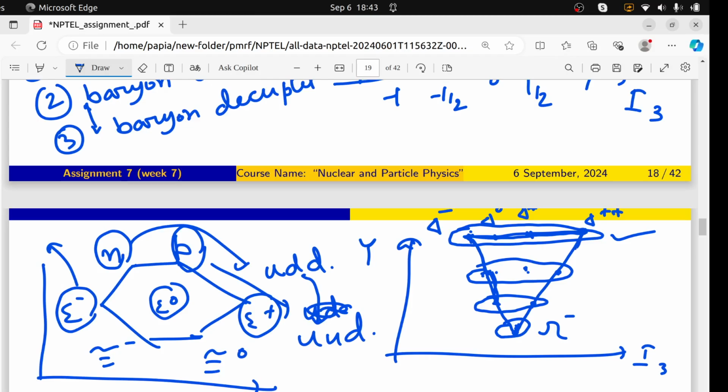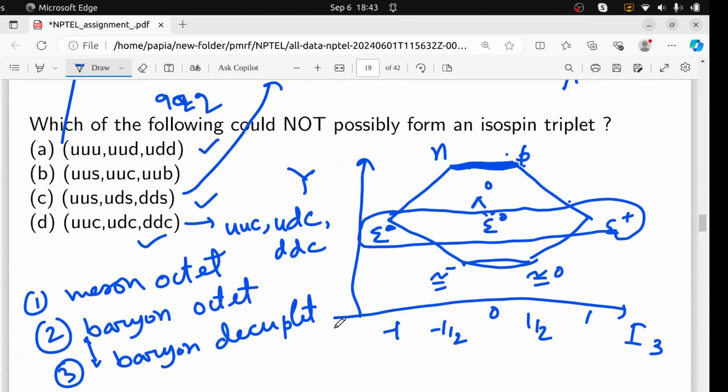But if I want to go from here to here, then S will change. In that first case also I told you that S is minus 1, S is 0 and S is minus 2. Now from here to here, one S will come, because S is minus 1.